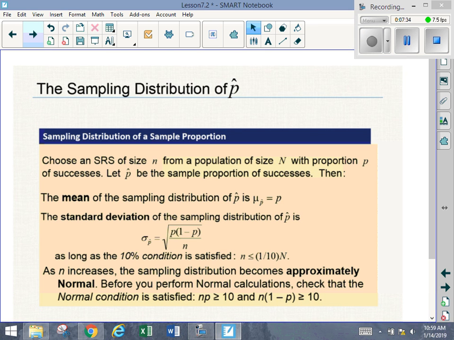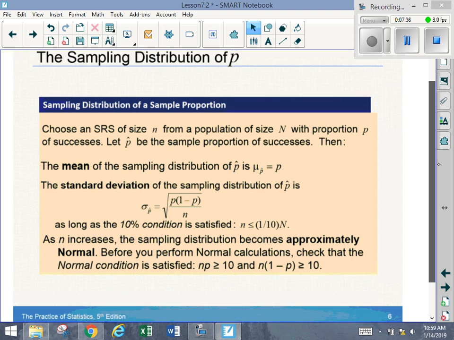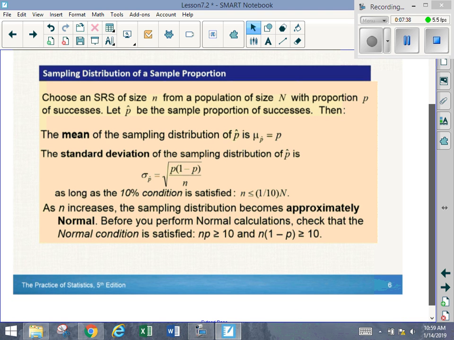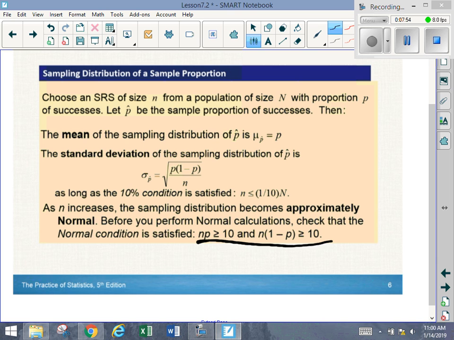And here's the actual breakdown of your formulas for a sample proportion. Honestly, those are really important. Almost the most important thing on here is this right here. You are going to use that a ton.